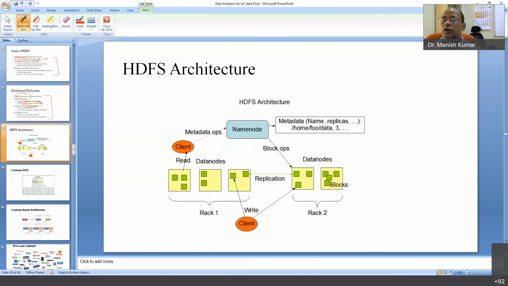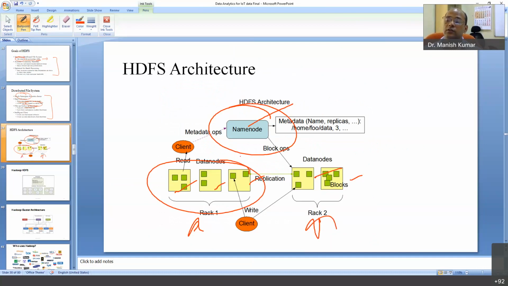So if you look at the architecture, there is a node which is responsible for everything. It stores metadata and acts as the boss or coordinator of all the individual nodes. These nodes can be configured under racks handled by the name node. So that is the typical architecture of HDFS.